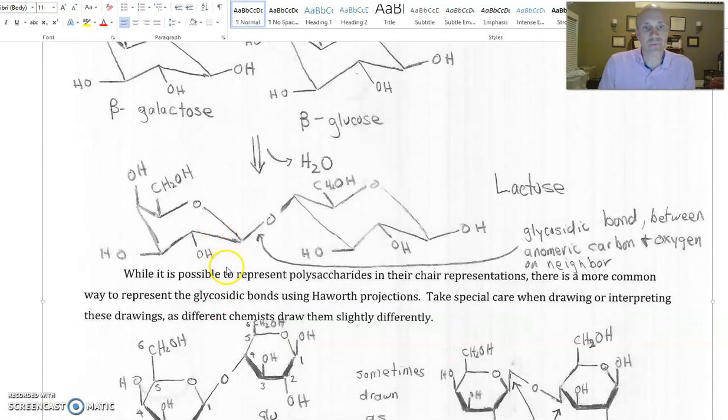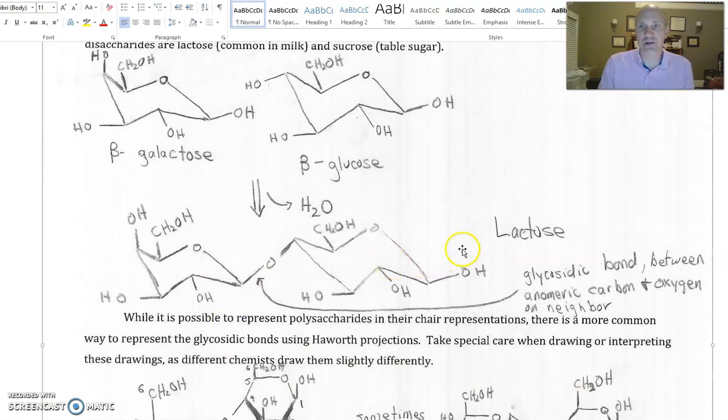You'll notice that when I drew this version of lactose right here, I drew these as the chair conformations. The reason for drawing chair conformations is it gives a better three-dimensional sense of the molecule. Generally this front edge right here is bolded a little bit more to give you that sense of this one is the side that's closer to you. So you get a pretty good three-dimensional sense of how these atoms, these bonds would orient themselves in space.